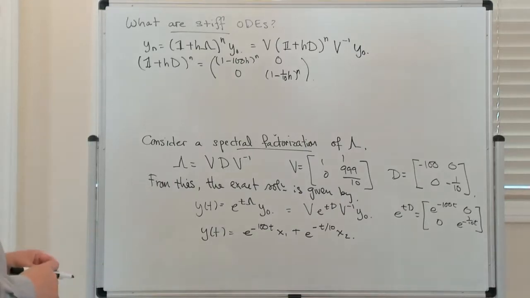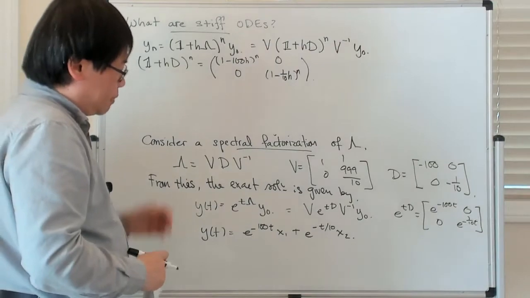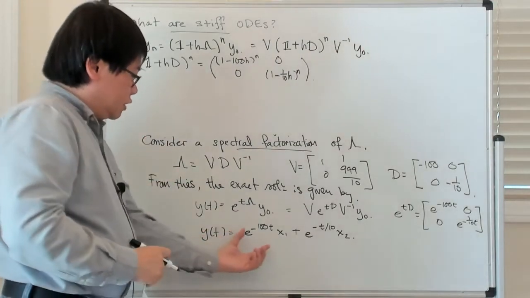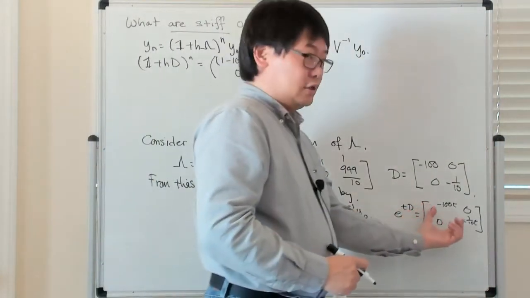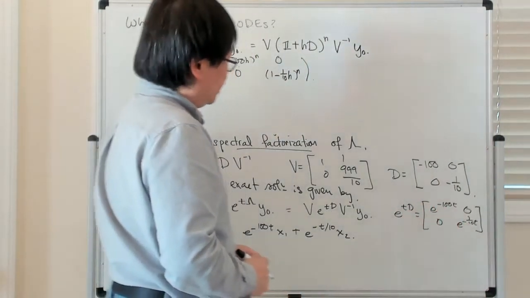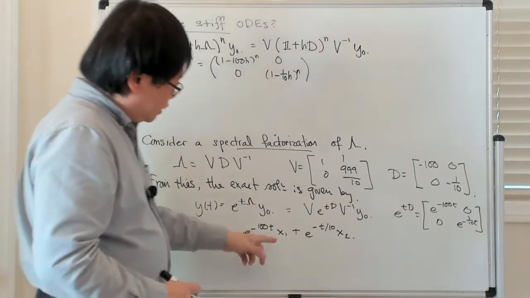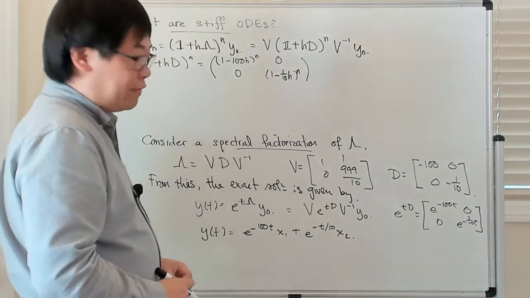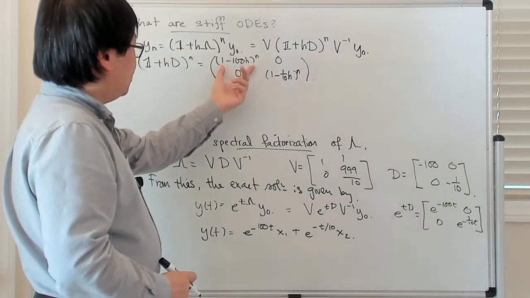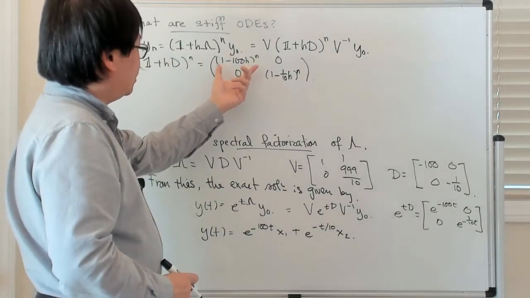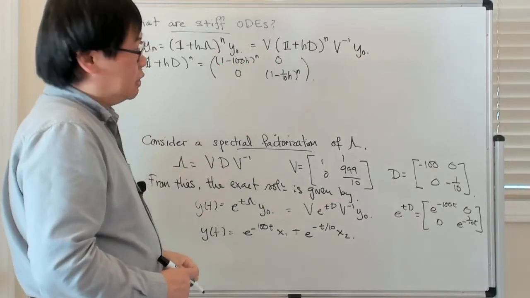If you look again at the exact solution, the term corresponding to this first term has a very, very fast rate of decay. Whereas the term corresponding to the eigenvalue minus 100 in the numerical method is this term here, 1 minus 100 times h to the nth power.